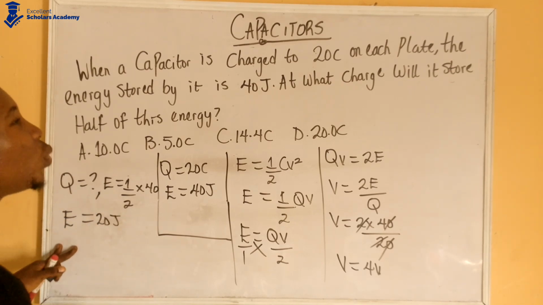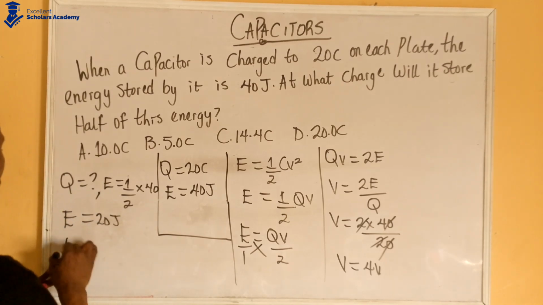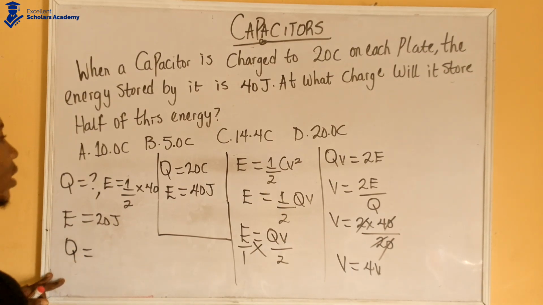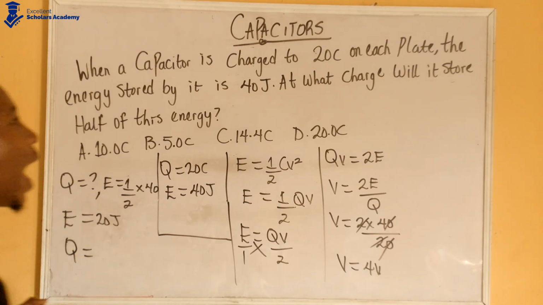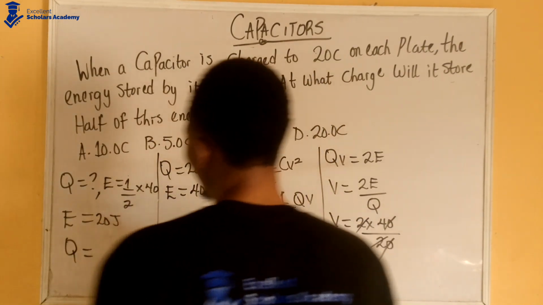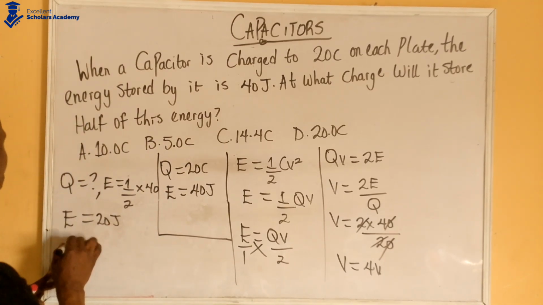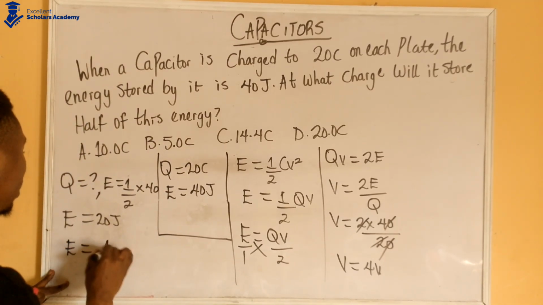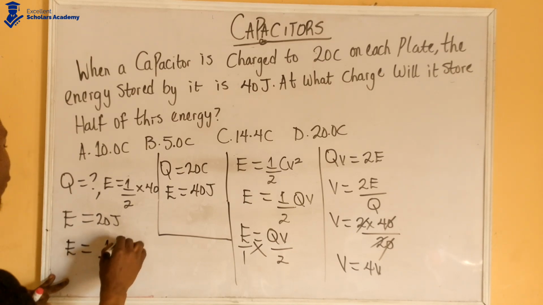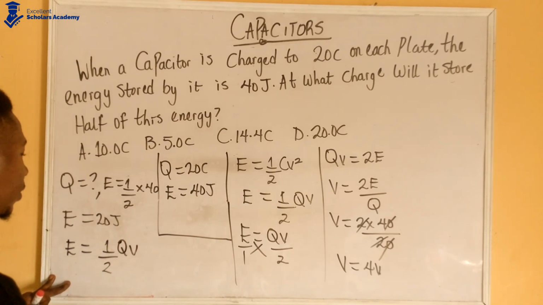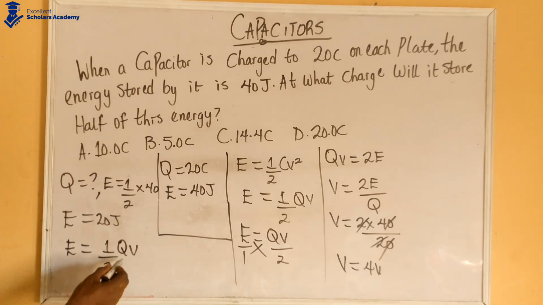So at what charge? So Q is going to be equal to what? Now, which formula are we going to use? We can use Q is equal to CV, but we have our energy here. So we're going to use E is equal to half QV. Alright. Now, we're actually looking for the charge.